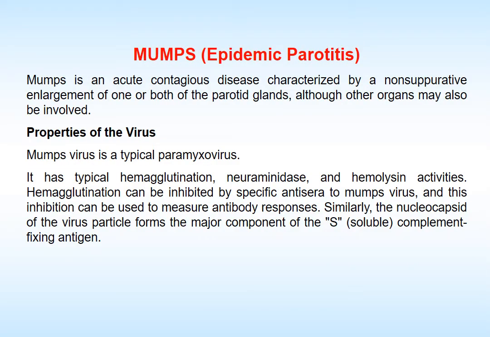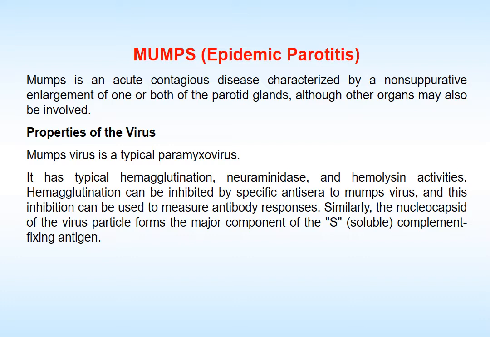Mumps. Mumps is an acute contagious disease characterized by a non-suppurative enlargement of one or both of the parotid glands, although other organs may also be involved in this infectious process. Properties of the virus. Mumps virus is a typical paramyxovirus, and this virus has hemagglutination activity, neuraminidase activity, and hemolytic activities.